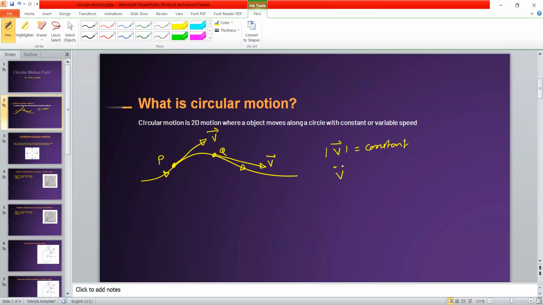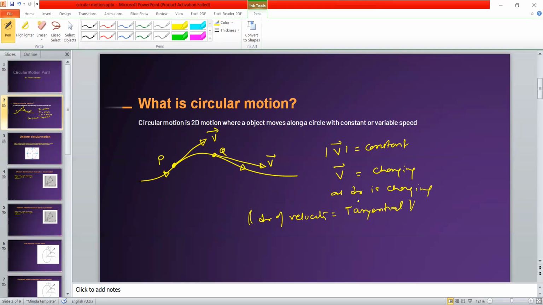So velocity is changing as direction is changing, and the direction of velocity is tangential.